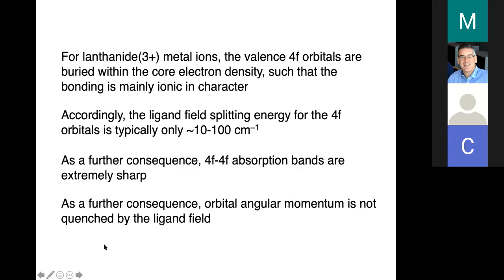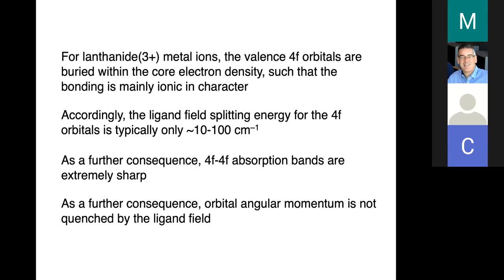As an additional consequence, because these f orbitals are all so close in energy, it's easy for the electrons to circulate between f orbitals. And that means that we generally don't quench orbital angular momentum for a lanthanide ion electron configuration.